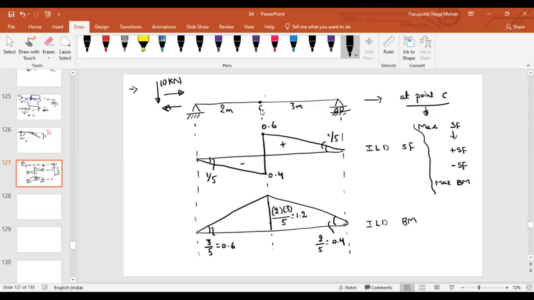Now look at this ILD diagram. By looking at this diagram, can you identify where you can get the maximum shear force? From the diagram itself, can you tell me where the maximum value can be possible?